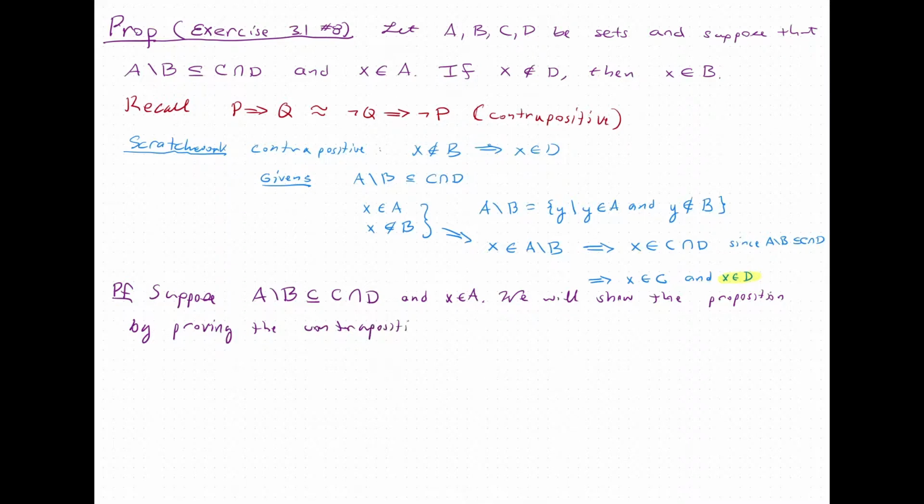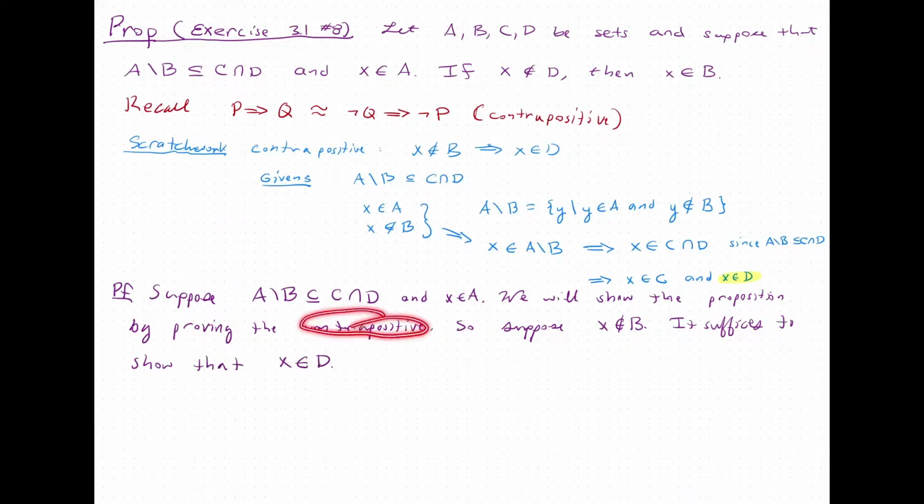So suppose that x is not in B, it suffices to show that x is in D. Now we have explained that we are going to be doing the contrapositive. We are given the first assumption and what we need to conclude.